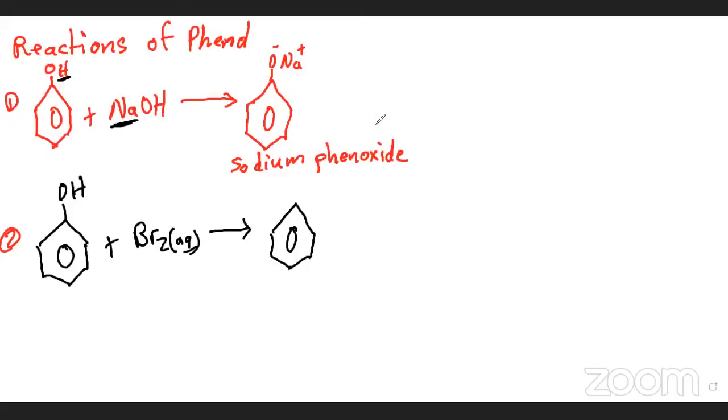So for these, no more mechanism. The only two mechanisms in this section are nitration and halogenation. For these, just ensure you remember the reagents and the products that will be produced.